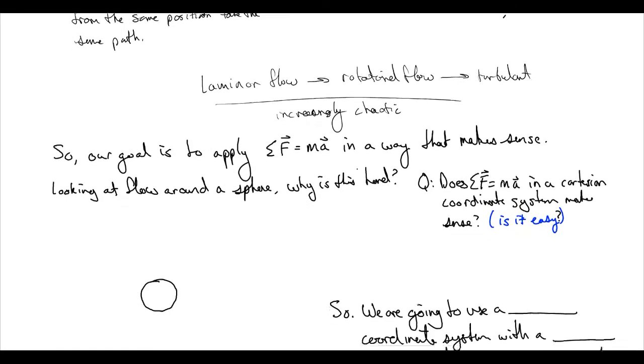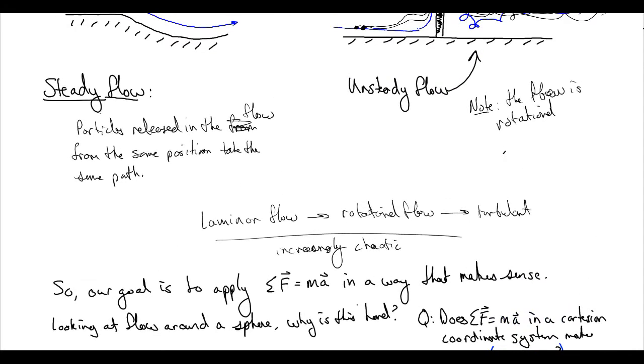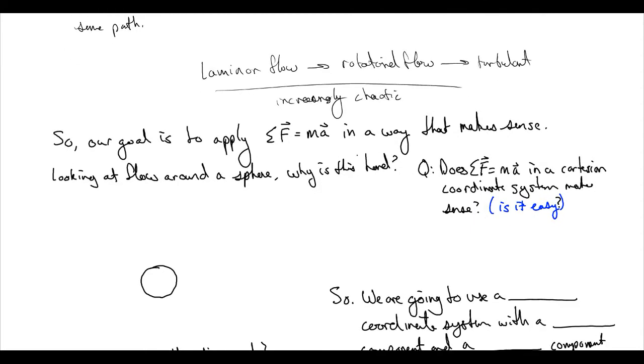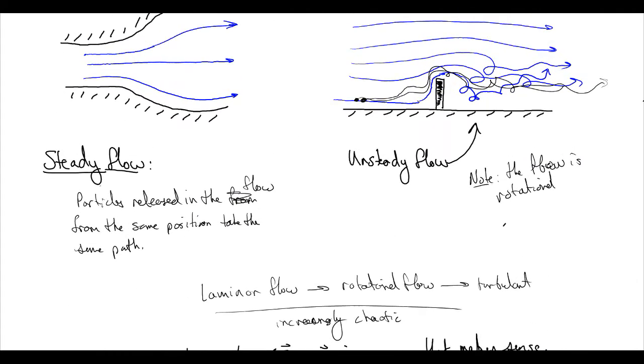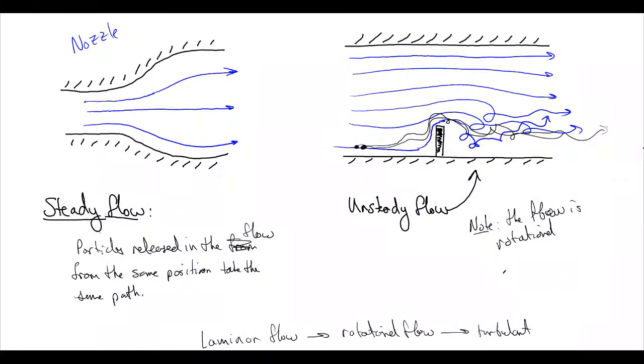So with all this vocab now out of the way, let's return to our goal, which is to apply F equals ma in a way that makes sense for flow. The hard part about this is if we look back at this nozzle, and by the way, we're going to try to focus right now just on this kind of flow, for just a moment.